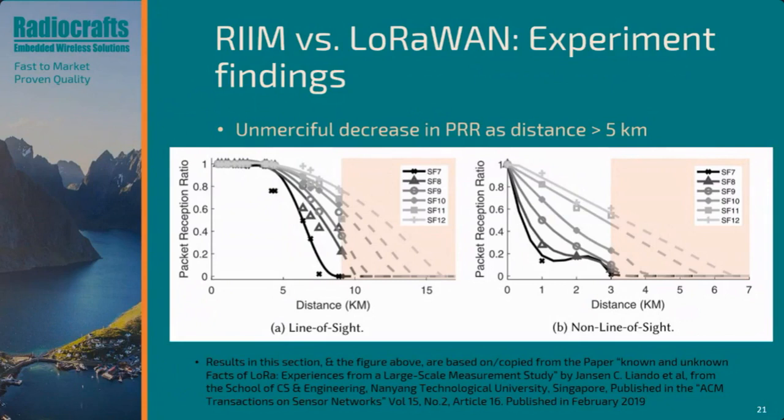And on the right-hand side, we have the same parameters plotted, but for non-line-of-sight. In the line-of-sight figure on the left, we can see that up to 5 kilometers, the packet reception ratio is acceptable. But as the distance between the transmitter and receiver goes beyond 5 kilometers, severe degradation can be seen, across all spreading factors.